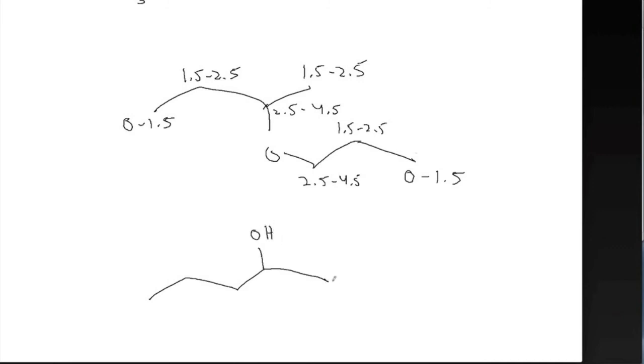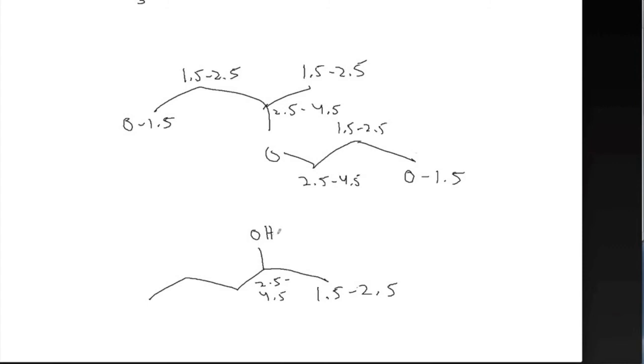How about these? 1.5 to 2.5. Hold on. Is an alcohol the same? Yeah, it's just that the carbon is connected to the electronegative element. Yeah, I think it's 1.5 to 2.5. And this? Yeah, that's right. That's 2.5 to 4.5. Yeah, that one hydrogen's going to have 2.5 to 4.5. Good.